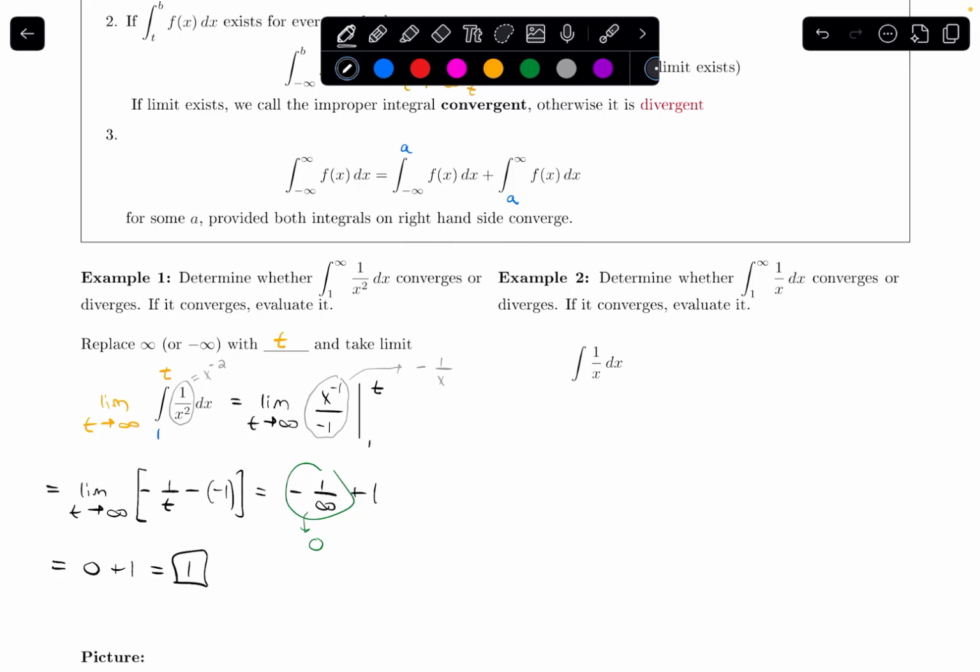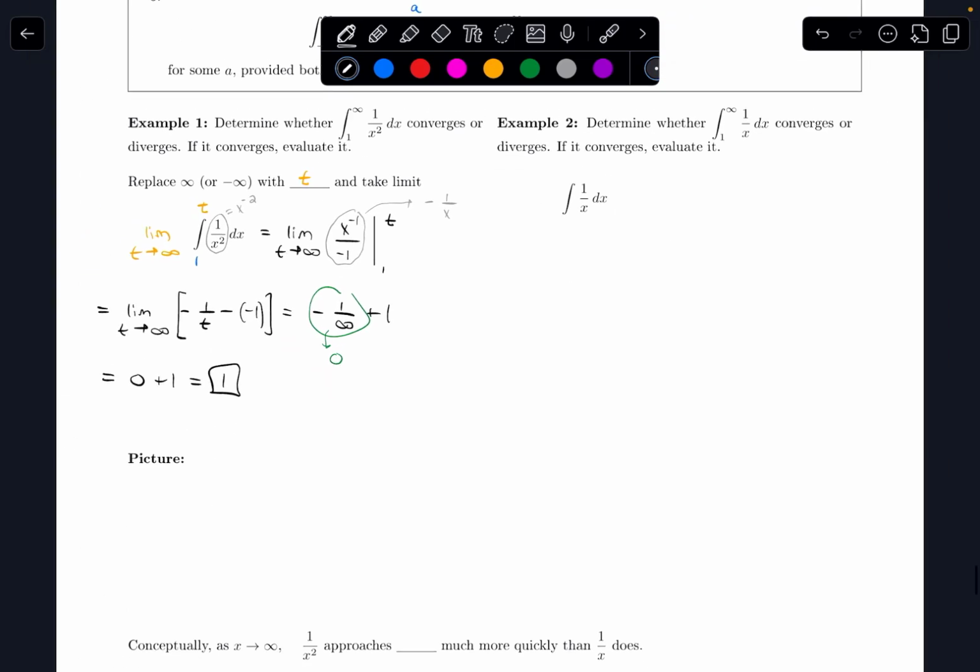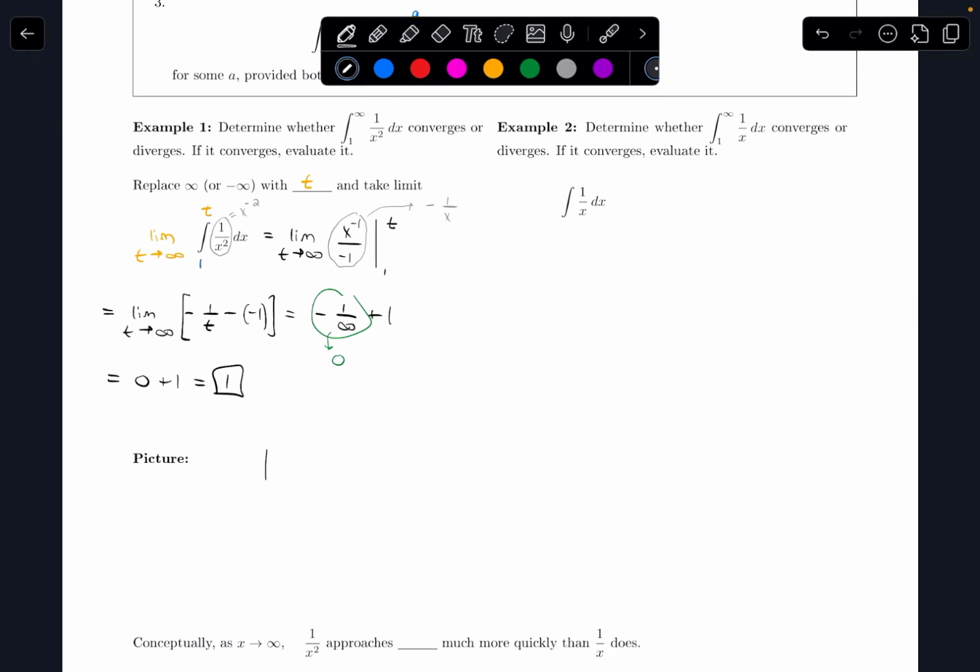What does the picture of this look like? What does this mean visually? If I draw some axes, and then I draw the graph of 1 over x squared, it's got one piece over here, and one piece mirroring that on the other side of the y-axis.